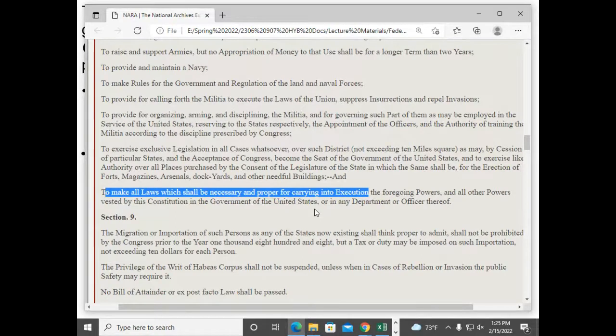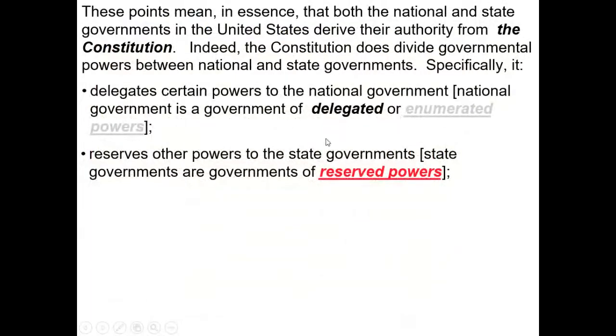Apparently it does, even though you don't see minimum wage anywhere in the Constitution. And we could just keep going on and on with examples, but I think the point is pretty clear. The question is just about what's included among the delegated or enumerated powers.